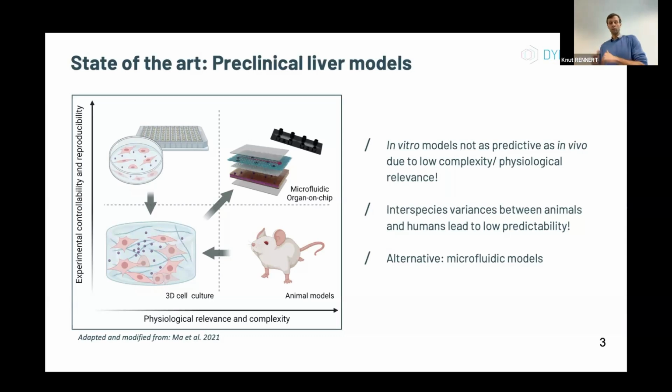Animal models have high physiological relevance and complexity. However, as Leo also mentioned, there are a lot of interspecies variances between animals and humans, and that's why you have low predictability of, for instance, liver toxicity in humans.